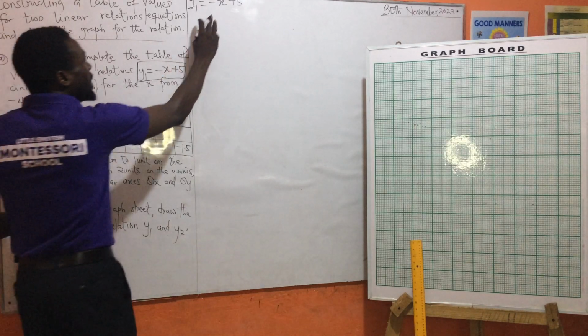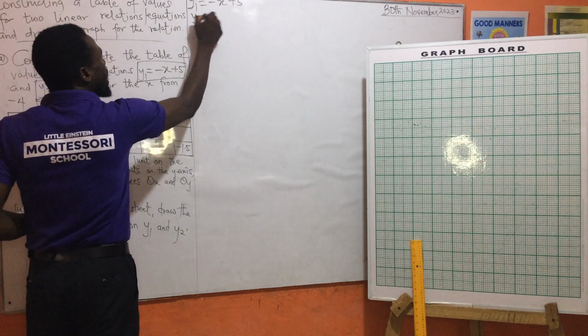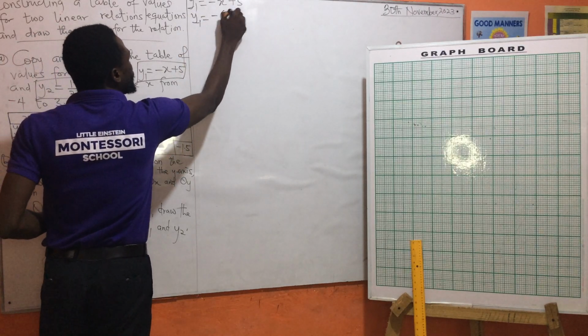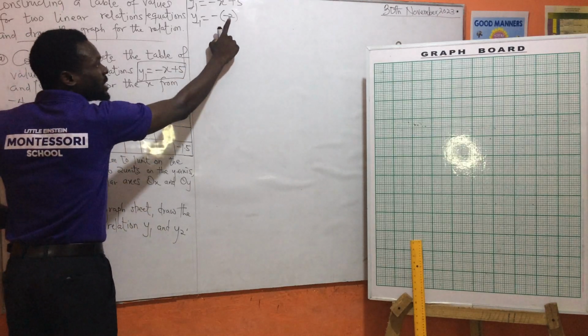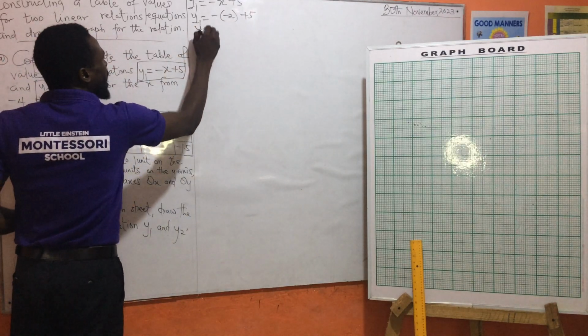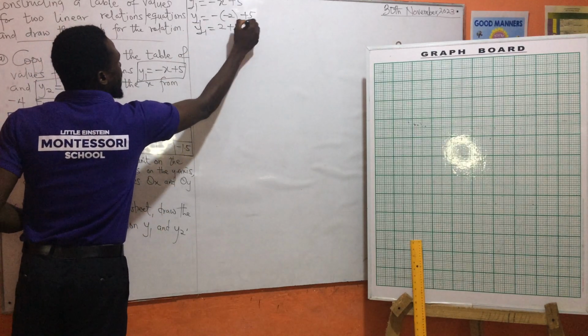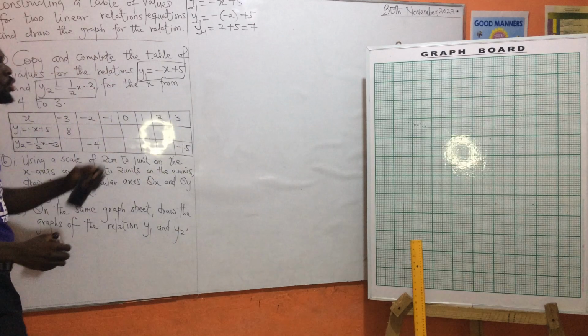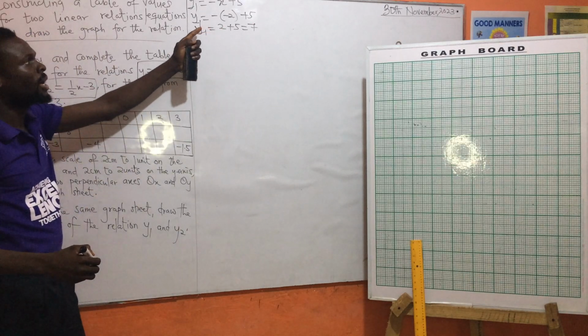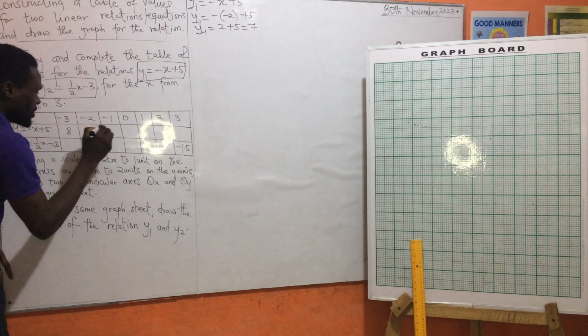We replace x with negative 2 in this equation. So y1 is equal to negative x, and x is negative 2, so plus 5. This gives us y1 is equal to 2 plus 5, which is 7. So solving for negative 2 gives me 7.